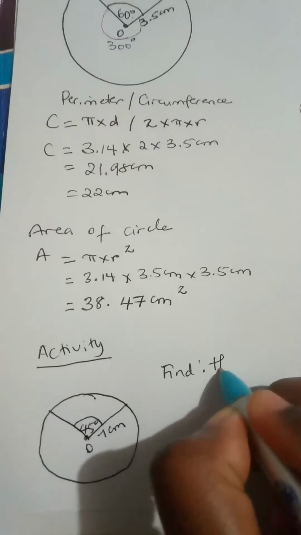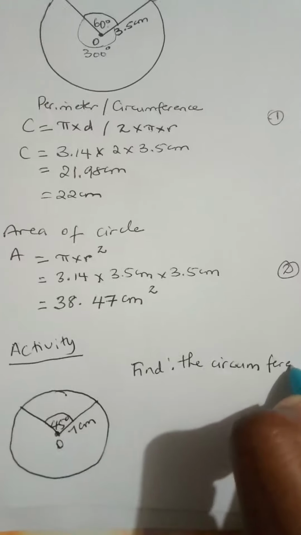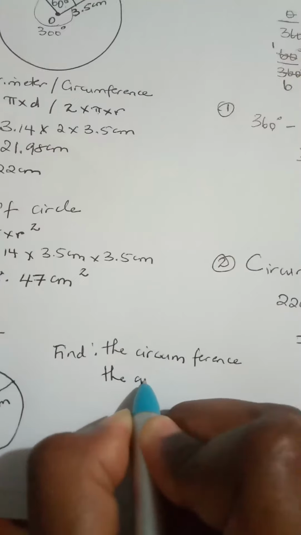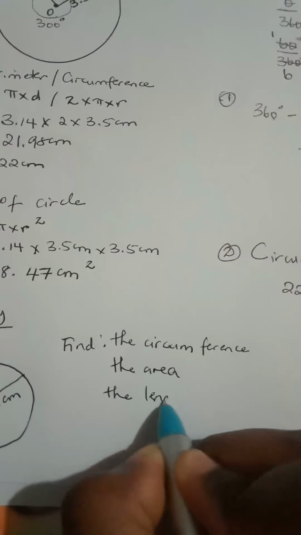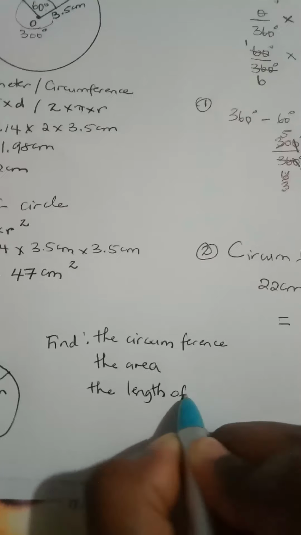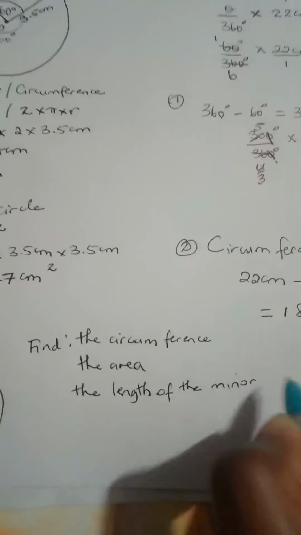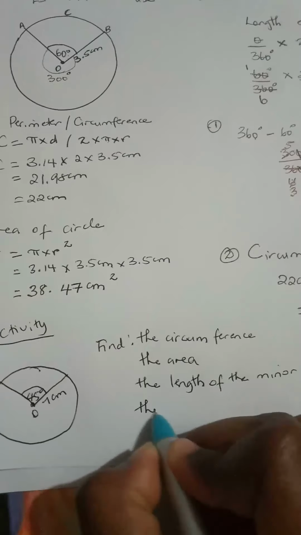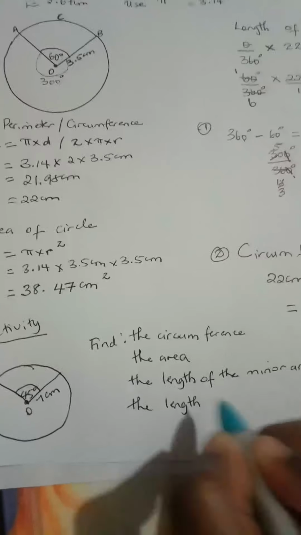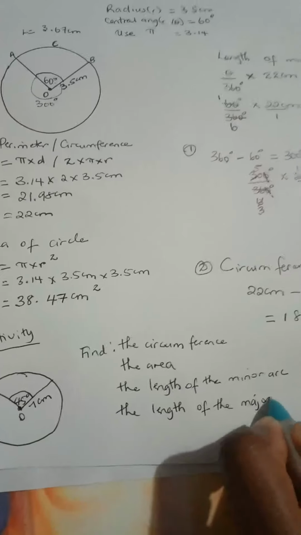You're going to find the circumference of the circle, the area of the circle, and the length of the minor arc and the length of the major arc.